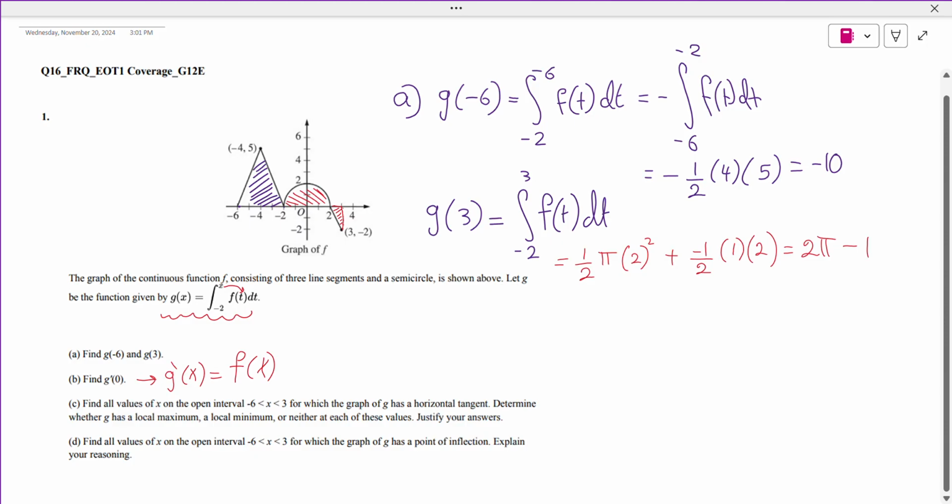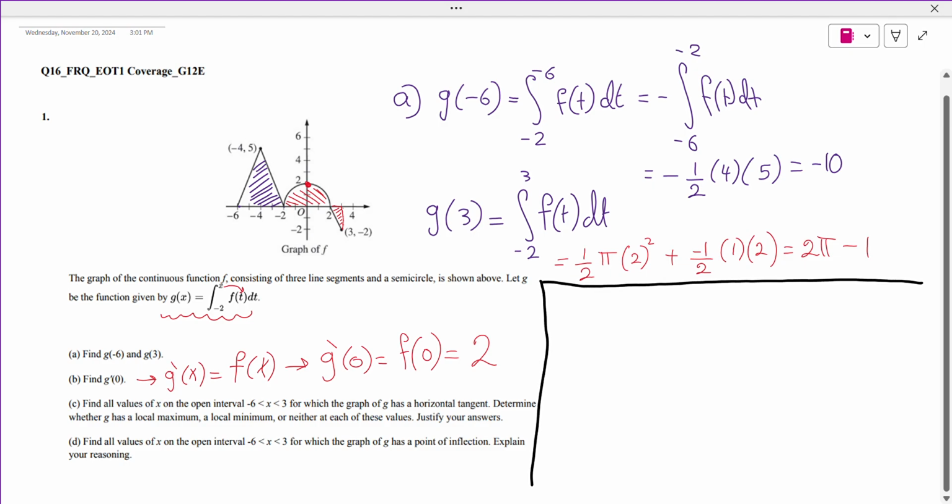So g prime of 0 is equal to f of 0, and from the graph, what is f of 0? F of 0 is equal to 2 from the graph. Hope everything is clear so far.